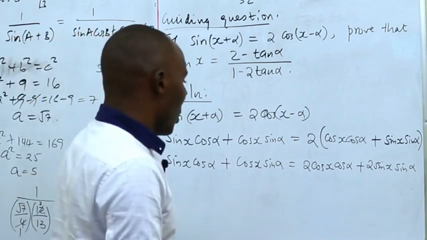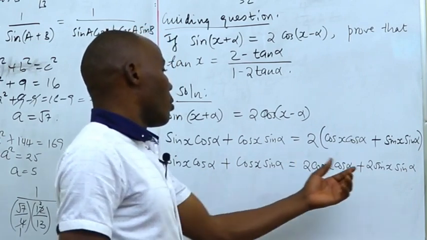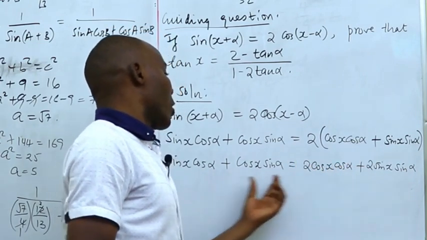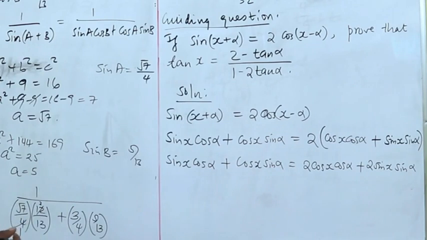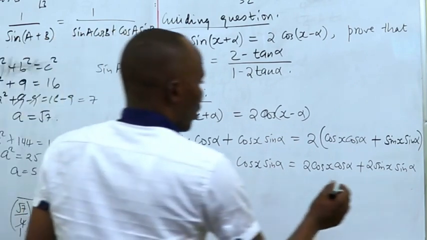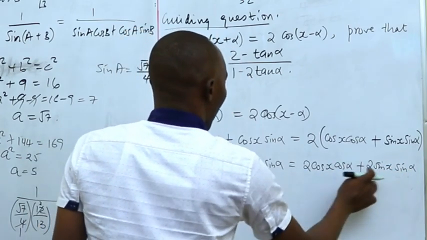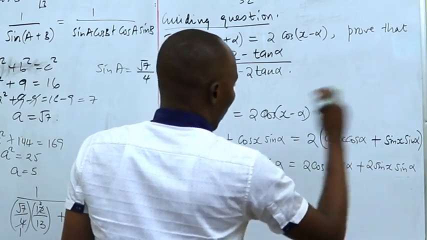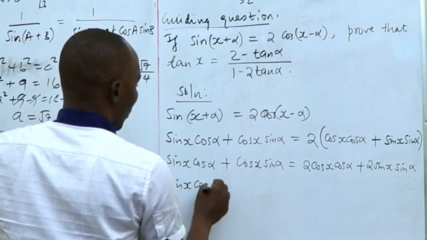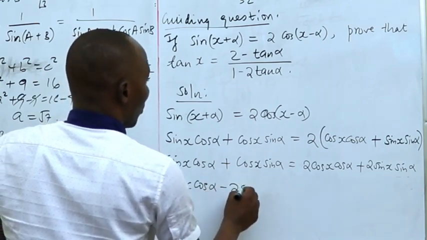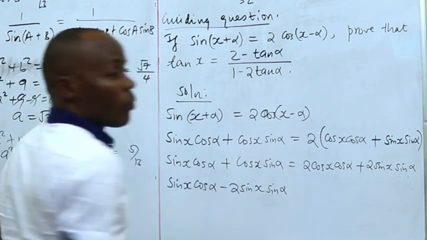Now, I can bring the sine terms on one side. There is this element. I can bring this on the left hand and take this one the other side. So I can have sine x cos alpha minus 2 sine x sine alpha.